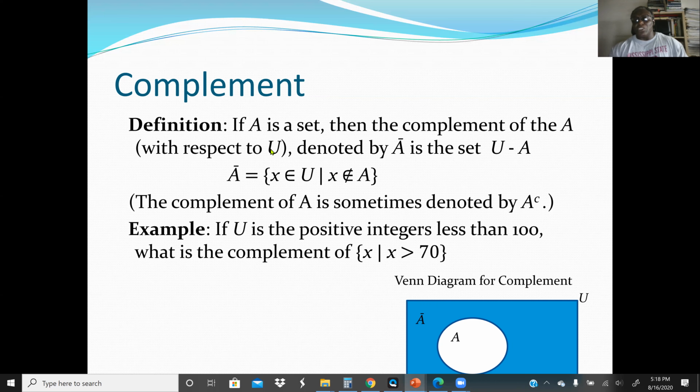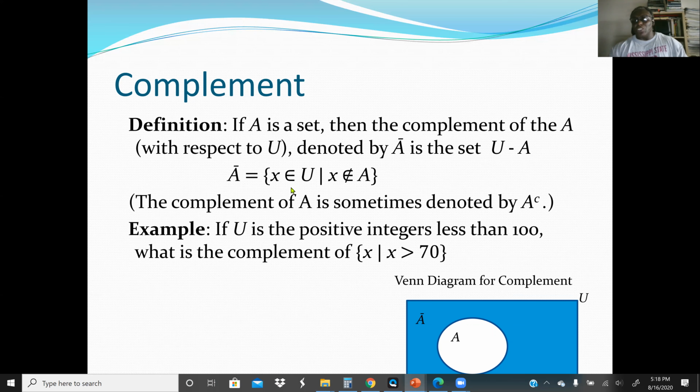So we can see the definition. If A is a set, then the complement of A with respect to the universal set, denoted by A bar, is the set U, the universal set, minus the elements of set A. That's why we said the complement of A is every element that is not in set A. So we are subtracting all the elements in A from the universal set.